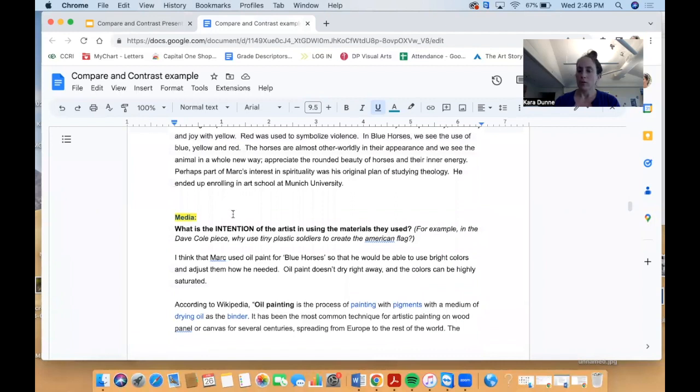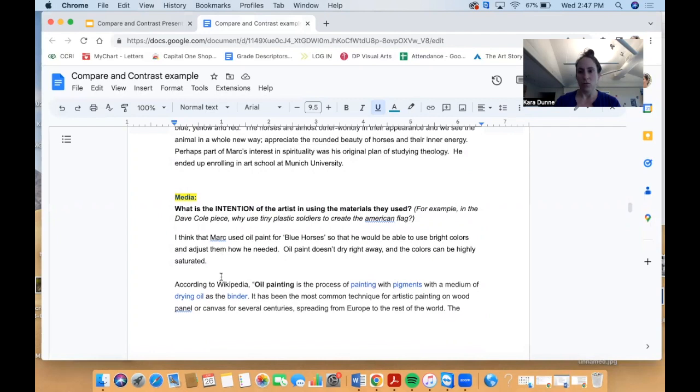And then the third part for that would be talking about the intention of the materials. Why you think that they used oil paint. Why do you think they used fabric? And this again is your own personal opinion. You do have to add one thing to your slides, which you did not have for your first iteration of this assignment, which is if you talk about oil paint being the medium used, you need to put down the definition of oil painting or the definition of the medium, what it means.